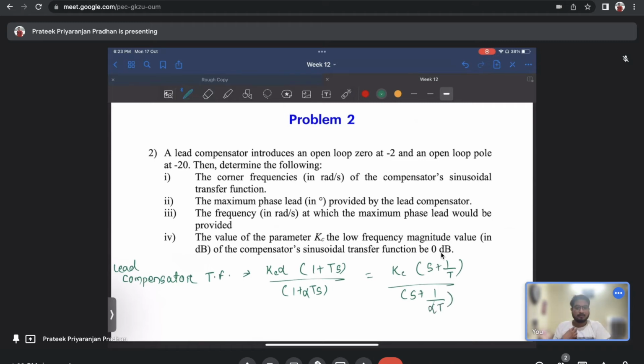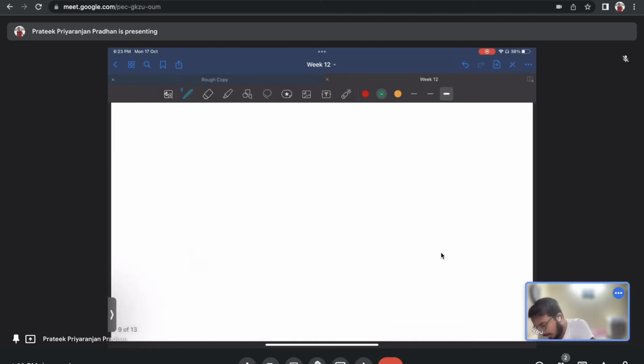In the question it said zero at -2 and open loop pole at -20. That means -1 by t is equal to -2 because it's the zero, and the pole -1 by alpha t is equal to -20. Simple. So 1 by t is equal to 2, that means t is equal to 0.5.